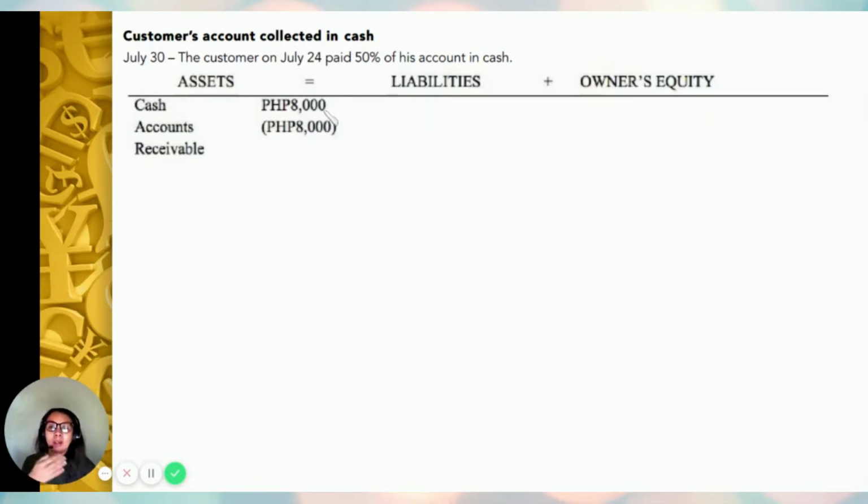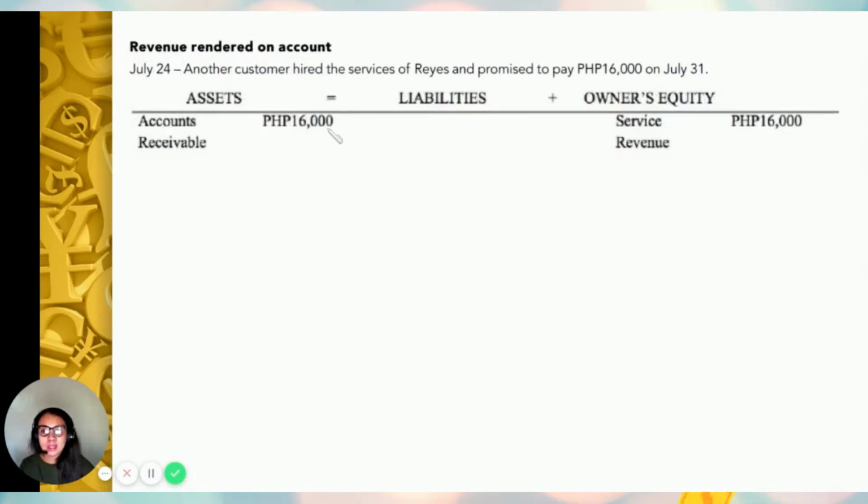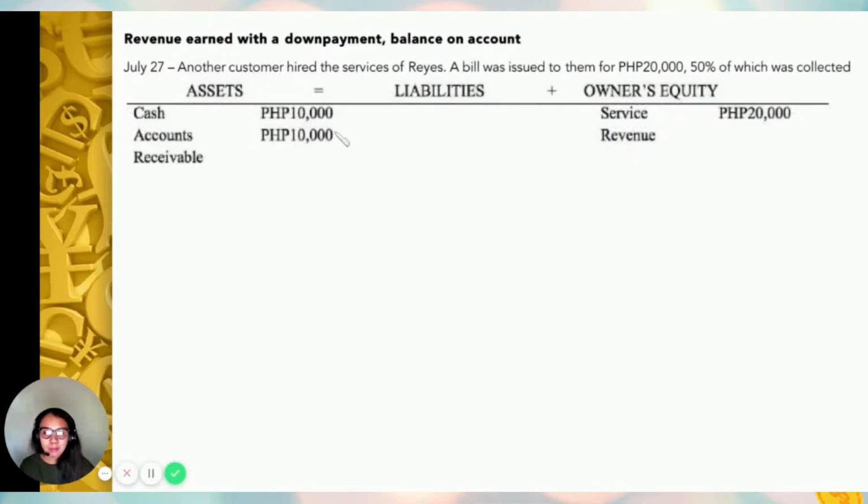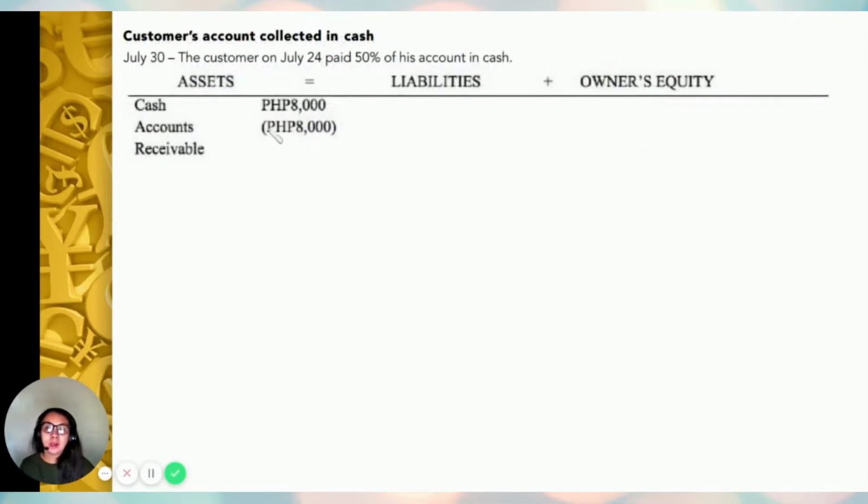Again, 8,000 because the total accounts receivable was 16,000, and then the customer paid 50%. So 50% of 16,000 is 8,000. And then there's a decrease in the accounts receivable. The accounts receivable on July 24th was 16,000. But the customer pays half of it. So that means our accounts receivable will decrease by half as well, which is equivalent to 8,000.